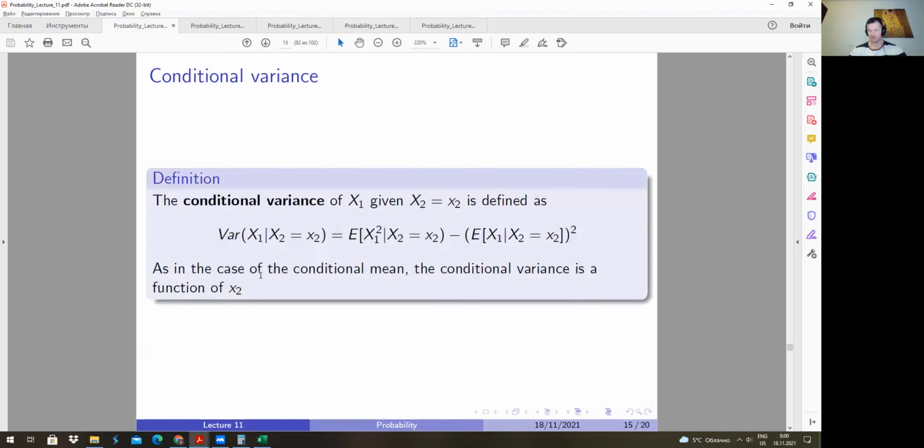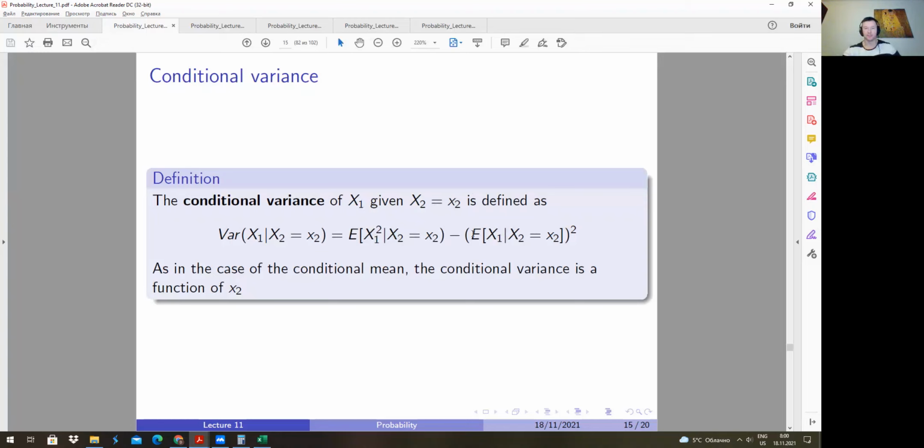Okay, so then if there is an expected value, there must be a variance. So conditional variance is given as the following expression. If we want to calculate the variance of x1 given a particular value of x2, we simply calculate this as the expectation of x1 squared given x2, minus the conditional expectation squared.